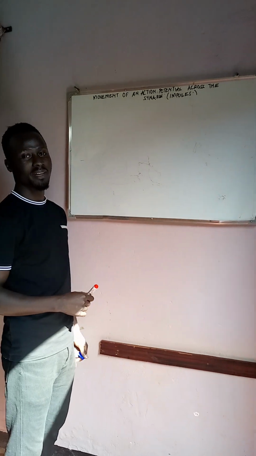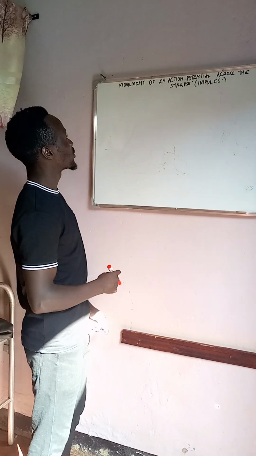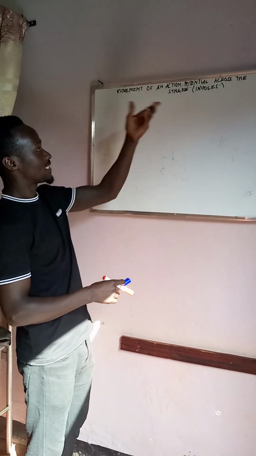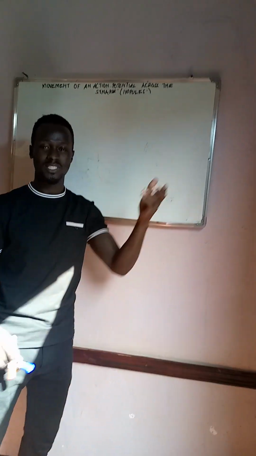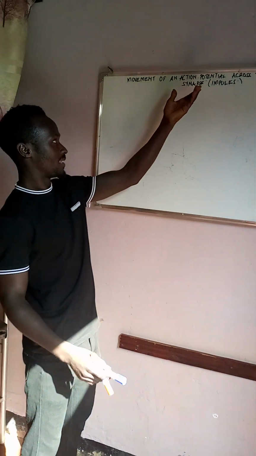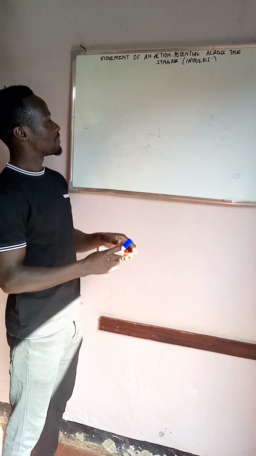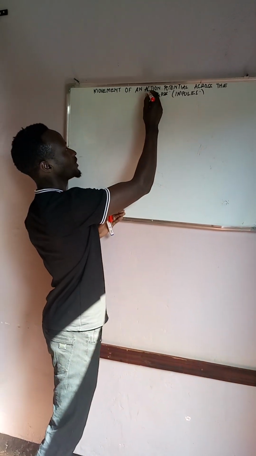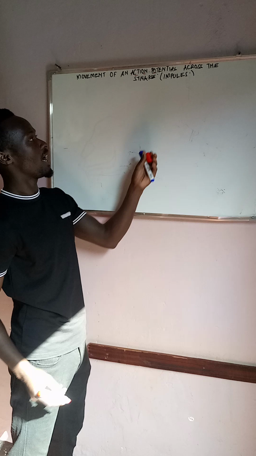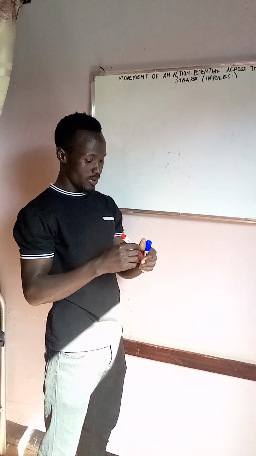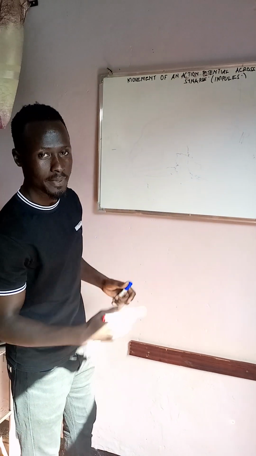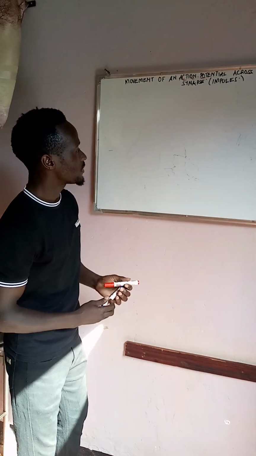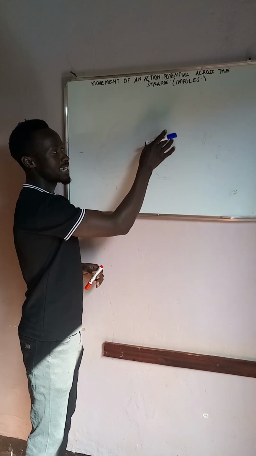I welcome you to my video where we are going to talk about the movement of an action potential across the synapse. So basically, this action potential simply means an impulse. So we are going to talk about what happens when an impulse reaches the synapse.